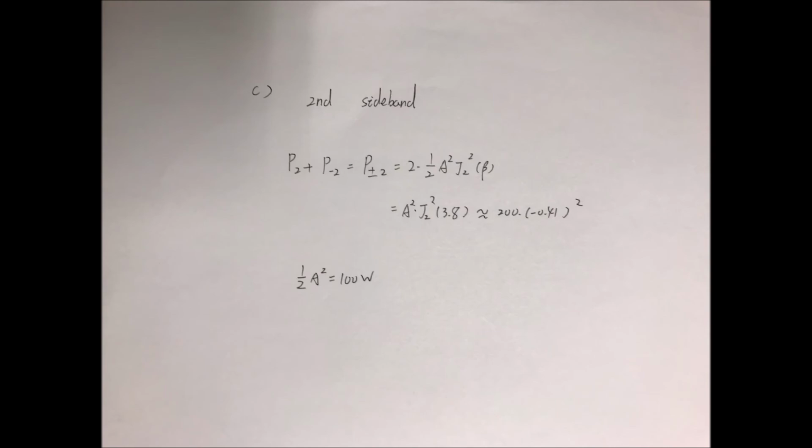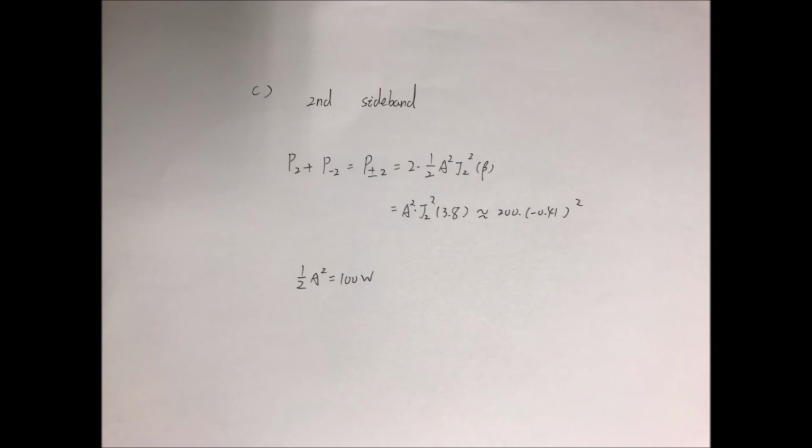Square it, and you get the second sideband power. Okay, we know half A squared is 100 watts, given from the condition. My second sideband will be plus and minus, plus 2, minus 2. Two sidebands for the second, and likewise for the third, fourth, fifth. The carrier is only 1.